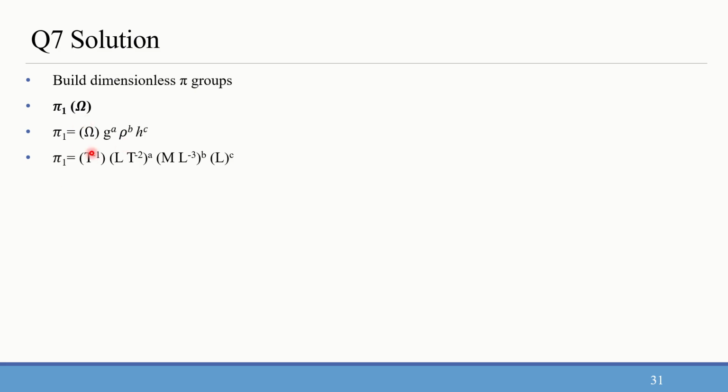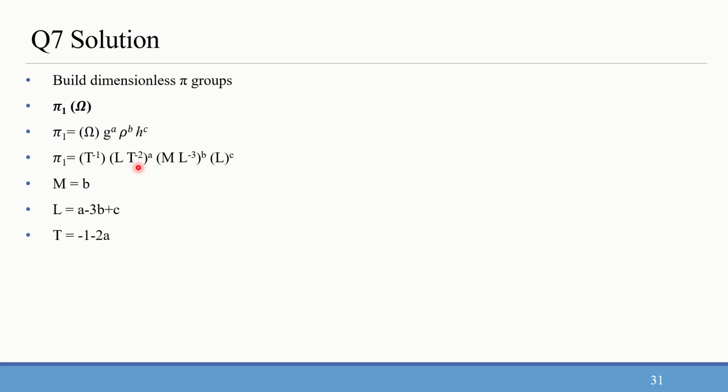Sigma is per second, so it is T to the power minus 1. g is L T to the minus 2 to the power of a, and rho is kg per meter cubed, so it is M L to the minus 3 to the power of b, and h is L to the power of c. After that we have to separate out M, L and T. So M gives b, L gives a minus 3b plus c, and T gives minus 1 minus 2a.